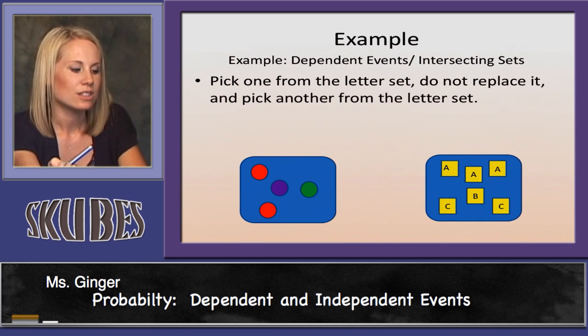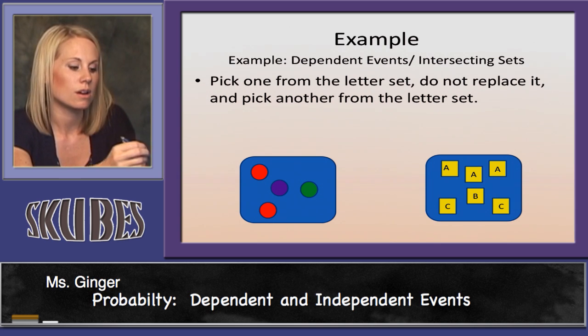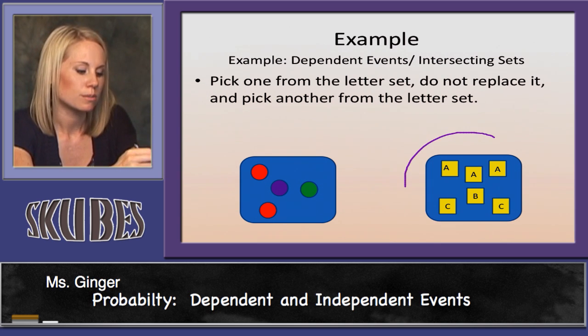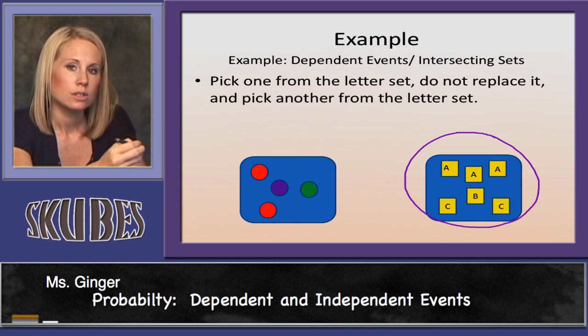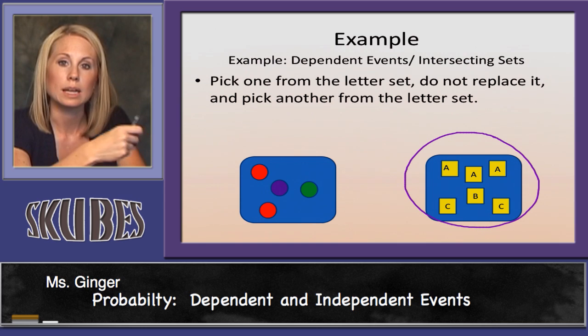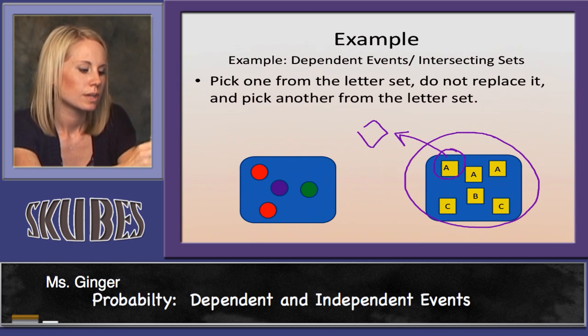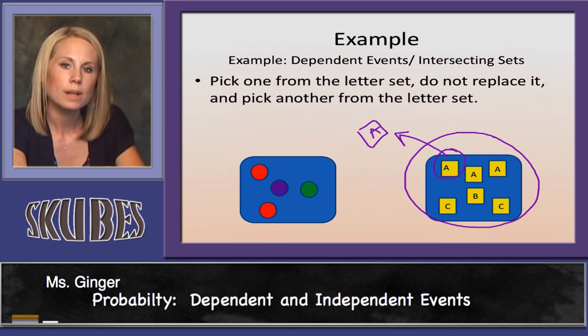Okay, and lastly, let's look at dependent events from intersecting sets. So let's focus in on having 2 draws from the same set again. So that's how we are talking about intersecting sets. Our first draw has the same items as the second. We're going to use the same box of letters. But this time, let's pick a letter block out here, leave it out, and not replace it.